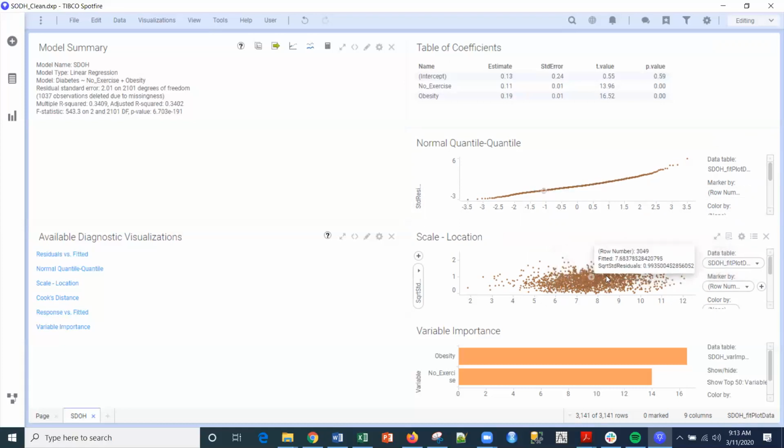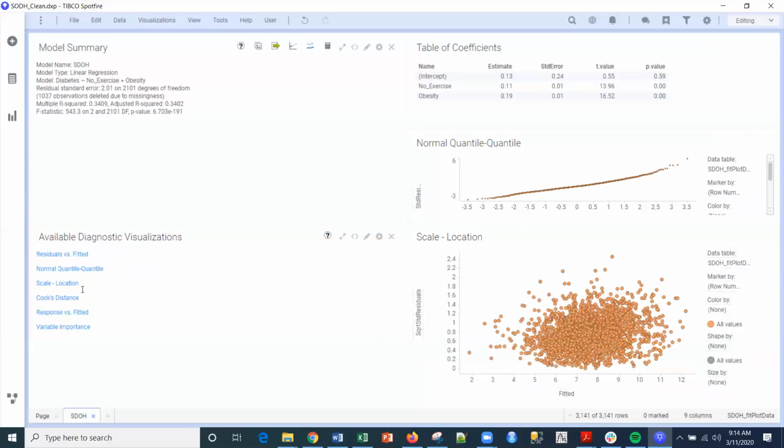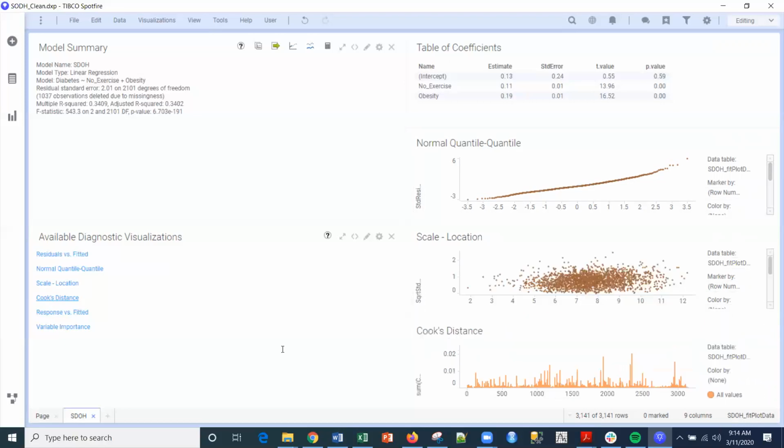And it's interesting, you're seeing what's happening. One of the benefits of Spotfire is you can pull up a panel and see how it cascades in on the other panels. In fact, I'm just going to drop this, and we'll look at the Cook's distance as well.